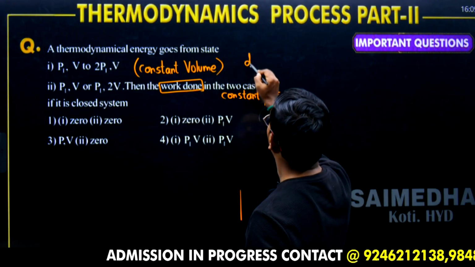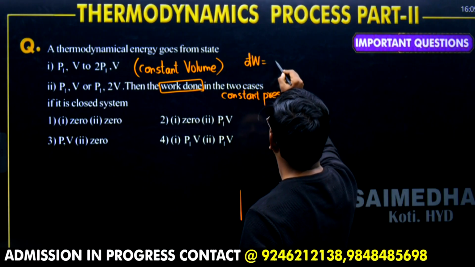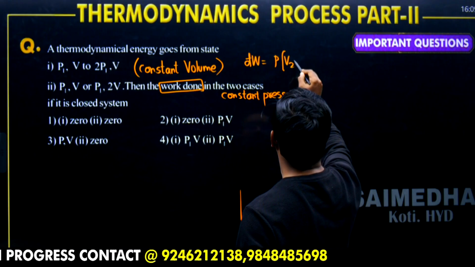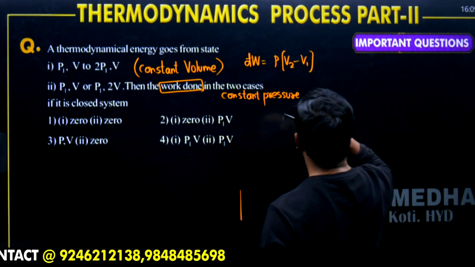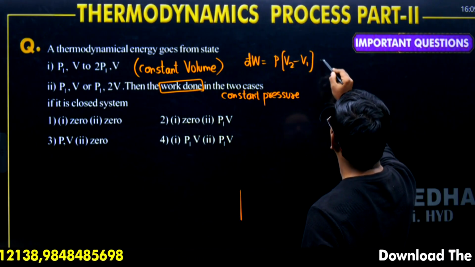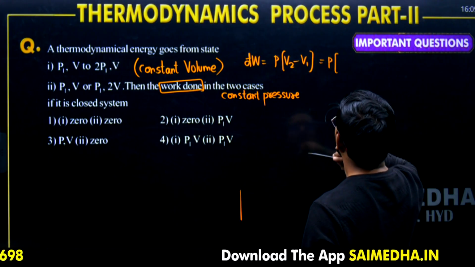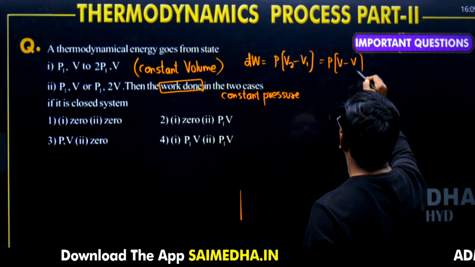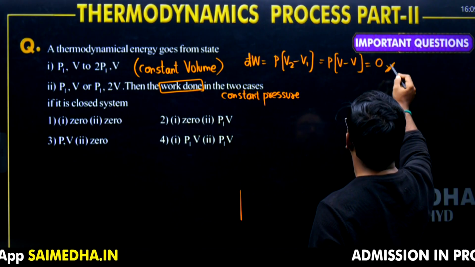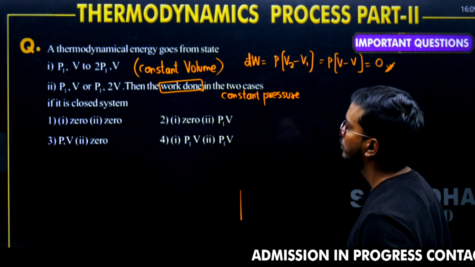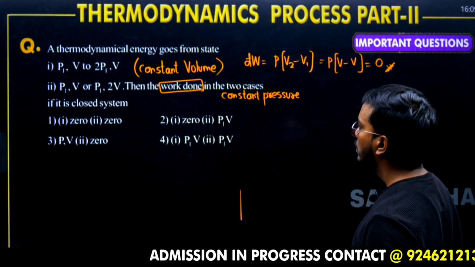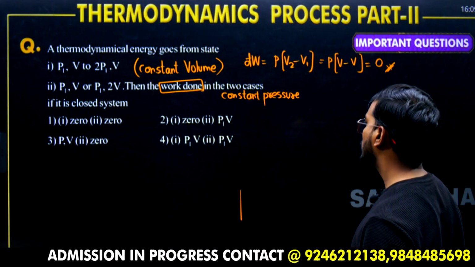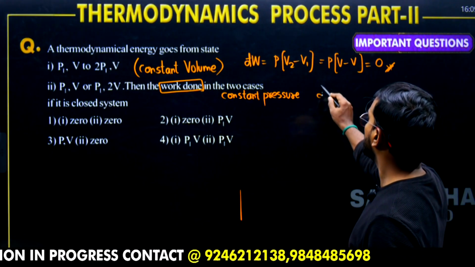We know that the constant volume work done formula is P into (V2 minus V1), where V is constant. So P into (V minus V) is equal to 0. So work done is equal to 0. Whereas, what is the work done in the second, constant pressure process?